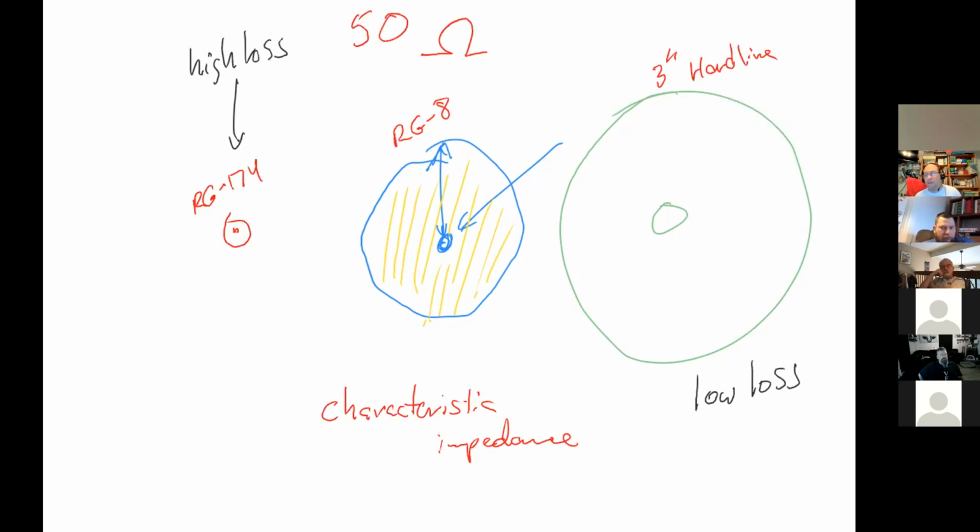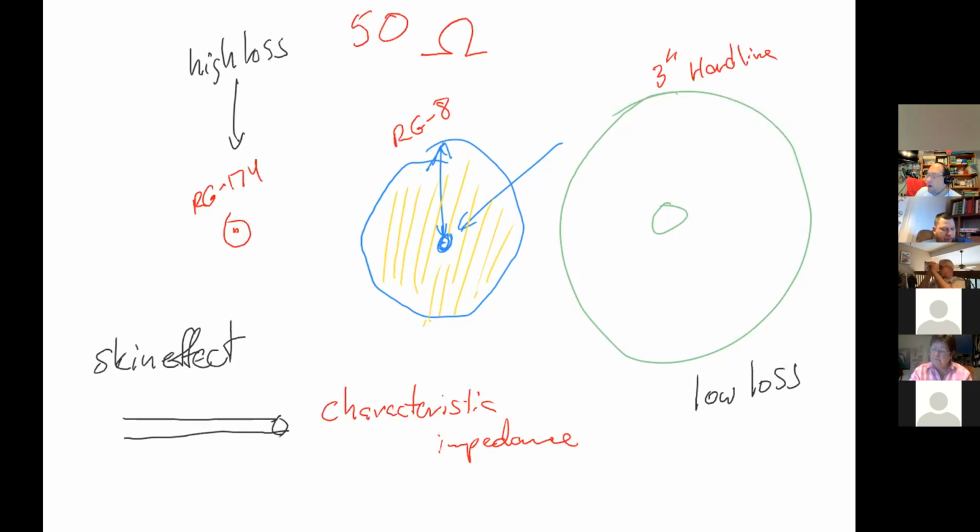On top of that, there's something called the skin effect. The skin effect is the fact that on a given conductor at RF frequencies, the higher the frequency, the more the current flows right on the surface of the wire. At DC, it flows uniformly throughout.